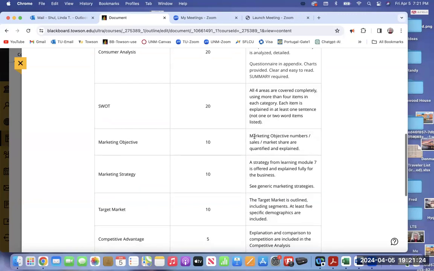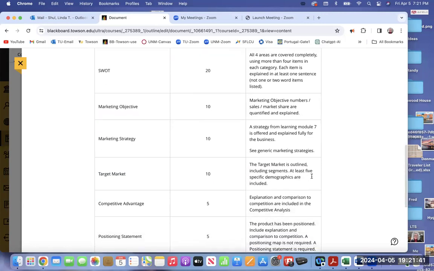The marketing objective, again, quantifiable and time specific here. Marketing strategy, one of the generic marketing strategies, and we're going to look at that next. Target market, at least 5 specific demographics. So don't say median income, that's so general.